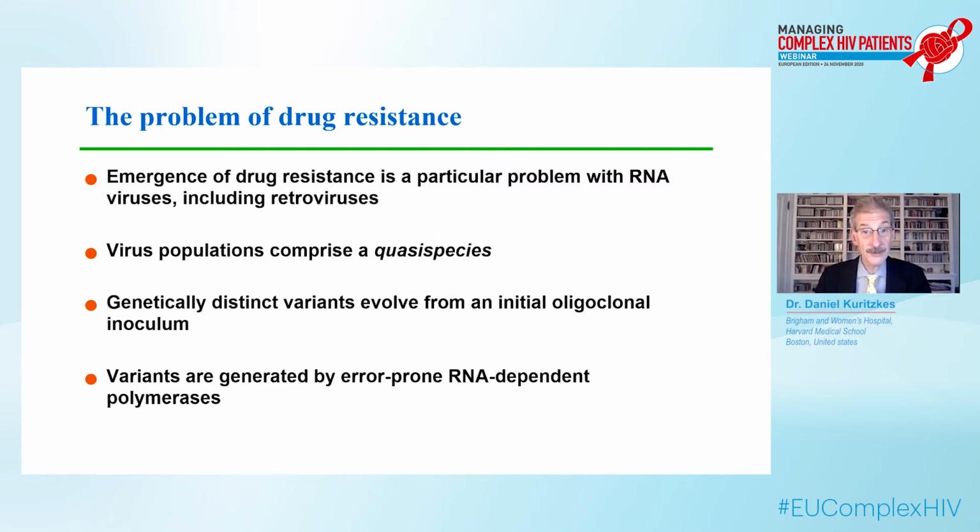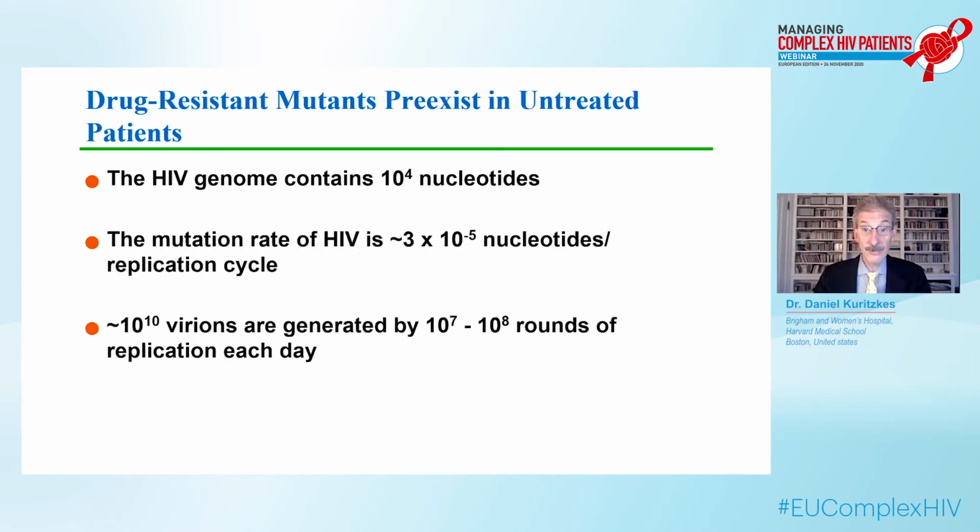These variants are generated by the error-prone RNA-dependent DNA polymerase, or the reverse transcriptase in the case of HIV. If we think about this quantitatively for a moment, the HIV genome contains about 10,000 nucleotides, and it has a mutation rate that is roughly 1 in 10,000 after you round up.